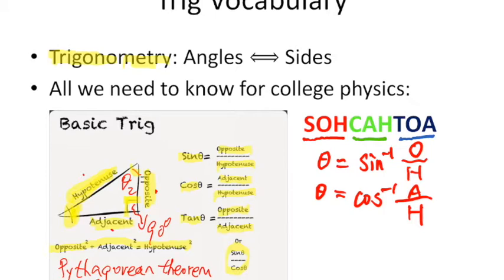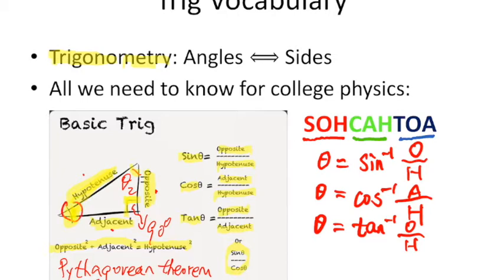And using the definition of tangent, the inverse tan of opposite side over adjacent side also gives us this angle theta here.